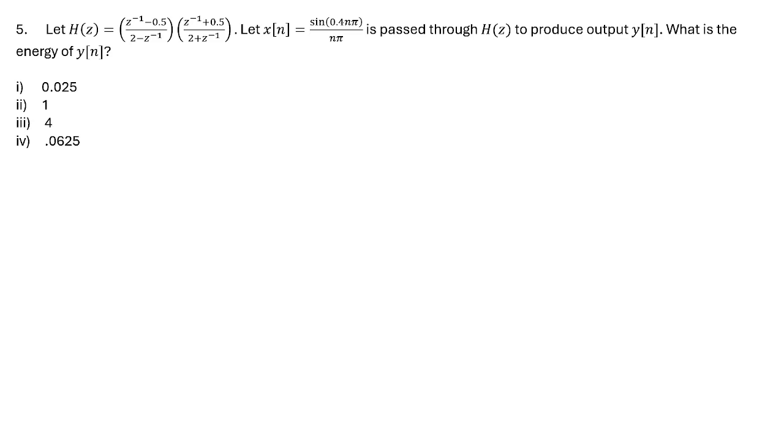Though we are asked for the energy of y[n], as if we are supposed to find it in time domain, which for a discrete time function is the sum over n from minus infinity to infinity of the absolute value of y[n] squared, we are supposed to find that.